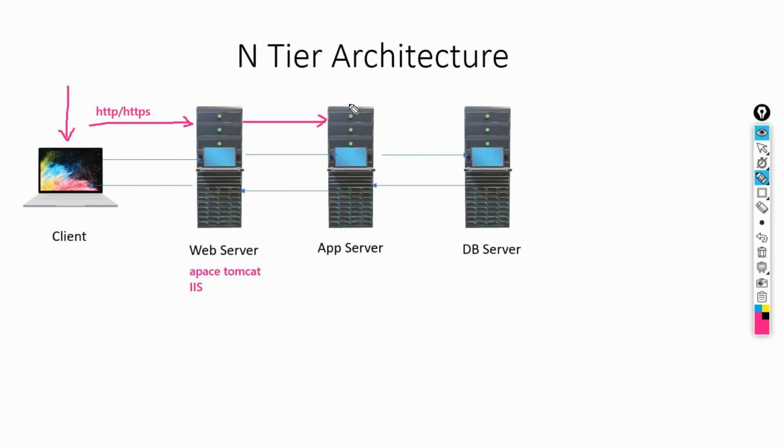You know very well that developers write a lot of code. That entire code will be residing in the application server, and if this application server needs any data, then it will further request the database server. But before going there, what are the examples of application servers?